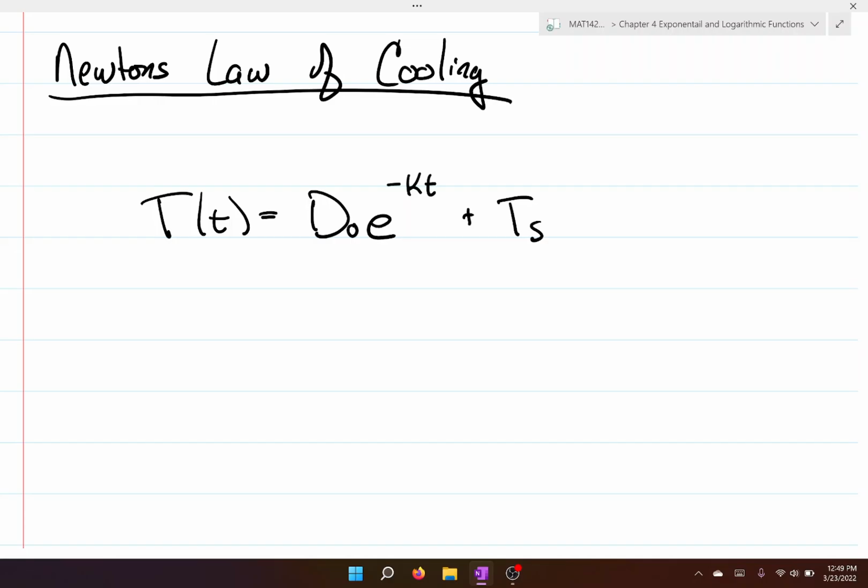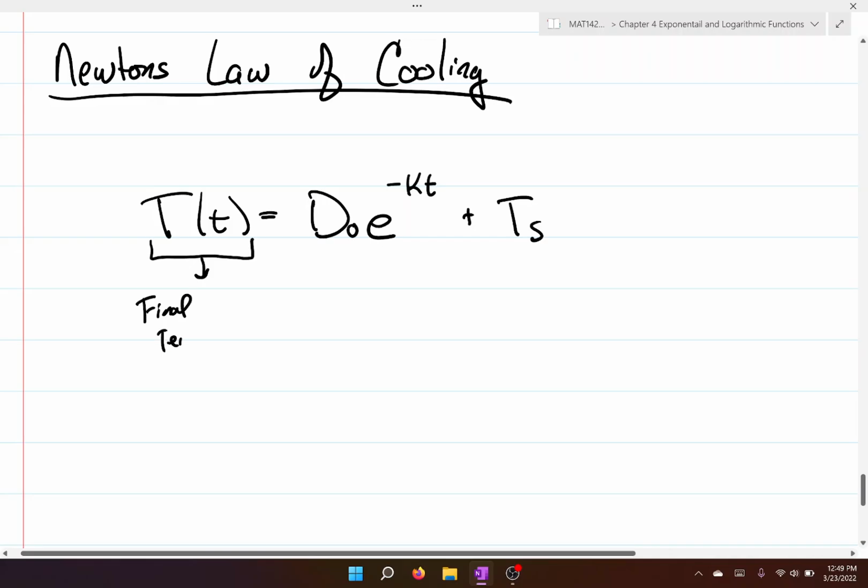So Newton's law of cooling is defined as T of t, which is going to be our final temperature. So the final temperature is going to equal the initial temperature, okay, multiplied by e to the negative kt. k in this situation is going to be a constant, and it actually has a special name.